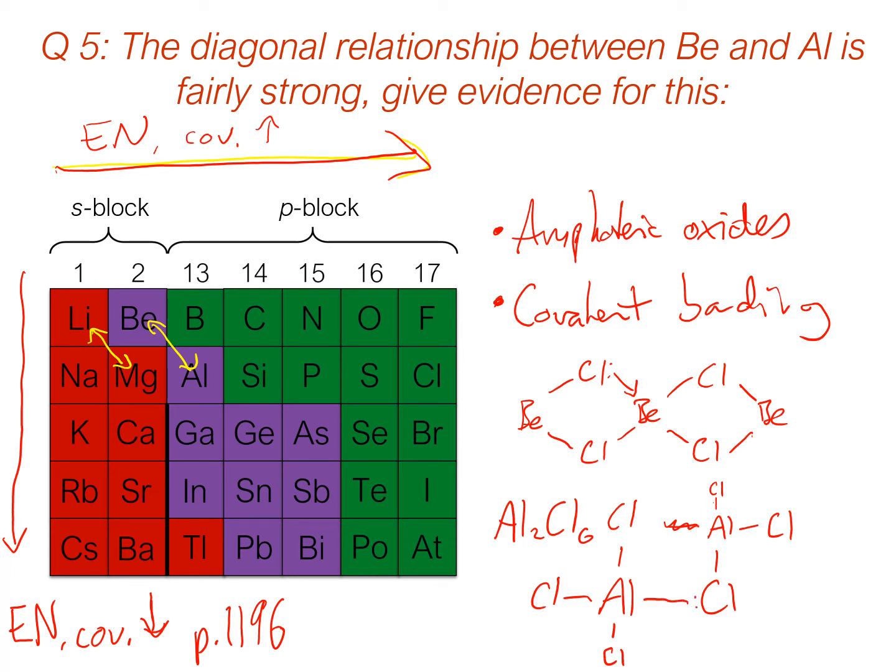So again, we form this dative bond from a chlorine to an aluminium center in exactly the same way as we get the polymeric structure of BeCl2. So there's the diagonal relationship, and there is quite strong evidence between beryllium and aluminium having this relationship.